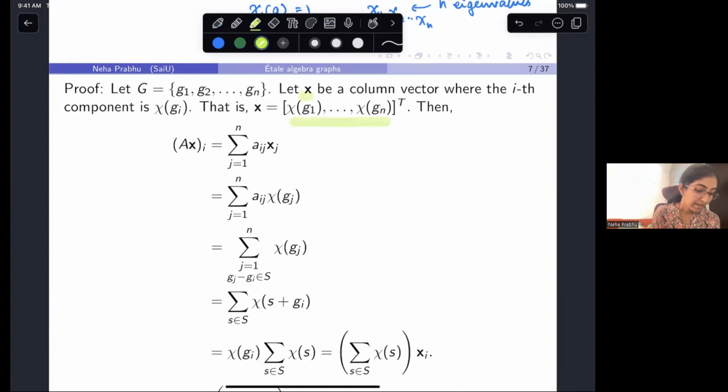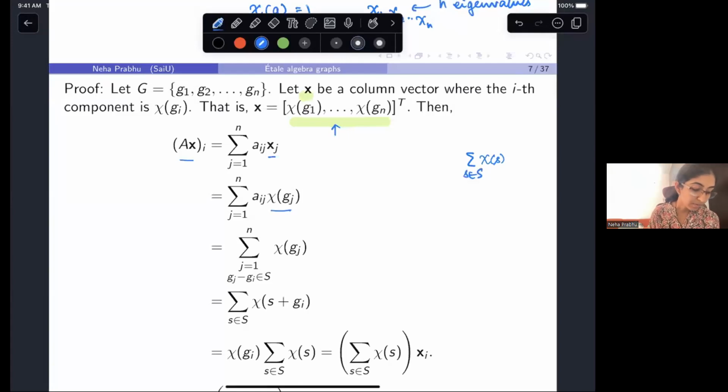My claim is that the summation of chi of S, for S belonging to S, should come out as an eigenvalue. The ith component is just the sum of Aij xj, usual matrix multiplication. But here the jth components xj are given here, so it's just chi of gj.